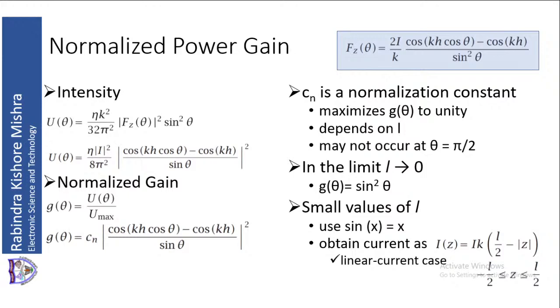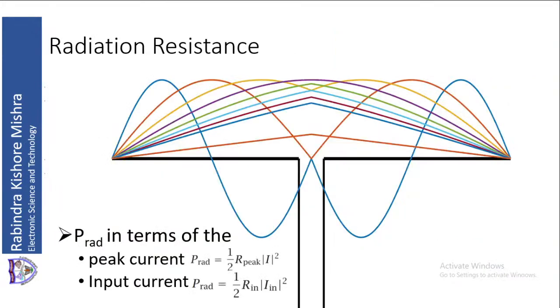Okay, now let us consider what will be the radiation resistance. To find out radiation resistance, look at the current distribution. So we have the antenna and you can see different current distributions for different lengths of the antenna. Different length means physical length remains same, but frequency changes.